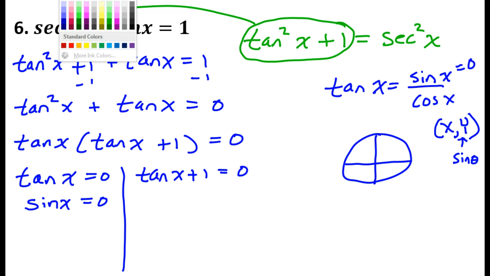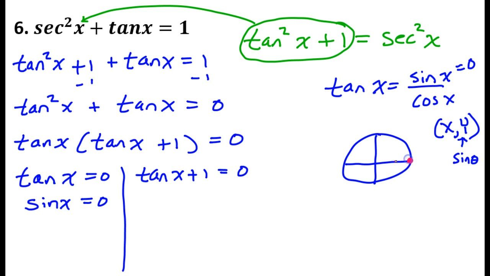So that's going to be here and here. Sine theta will equal 0. Well, this is 0 and this is pi. Okay, so x is equal to 0 or pi. Because in both of these places sine equals 0, you're going to have 0 over whatever you got there, so that'll be 0.